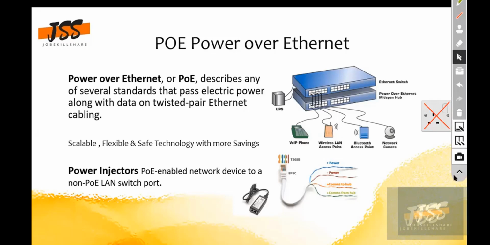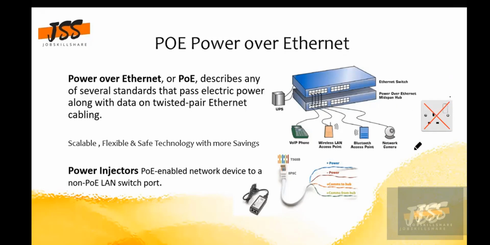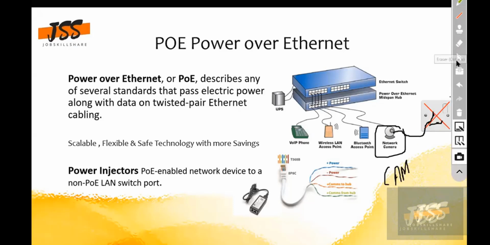So this is power over Ethernet, and you are familiar that I talked about the power over Ethernet. Let's suppose this is a cam device. Instead of plugging this device into this AC adapter, these days switches are capable of providing the power as well.